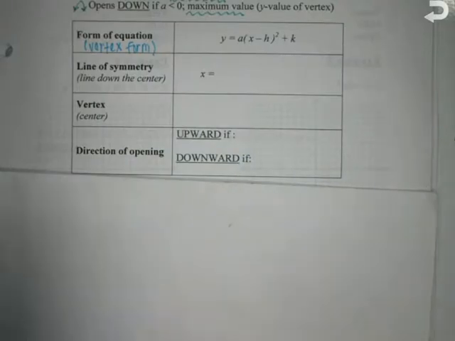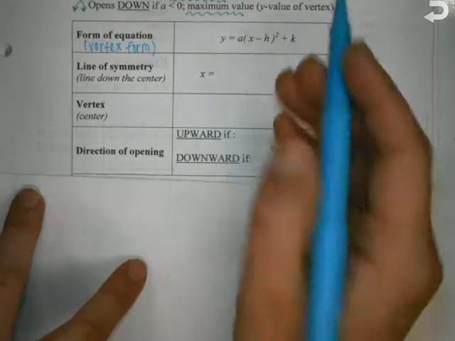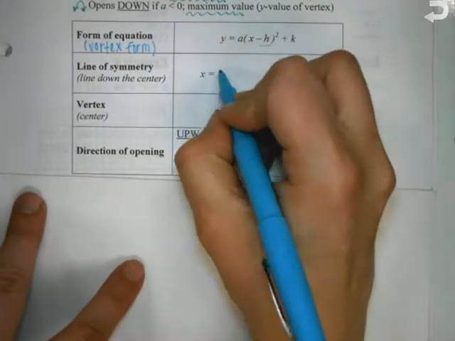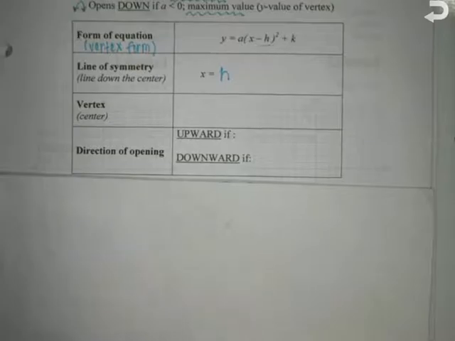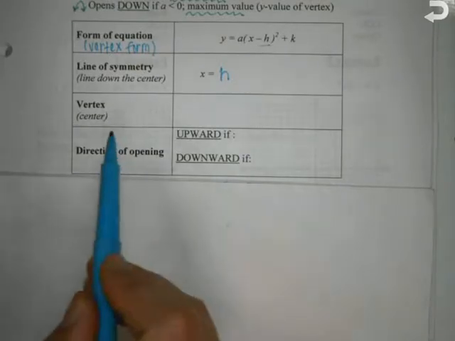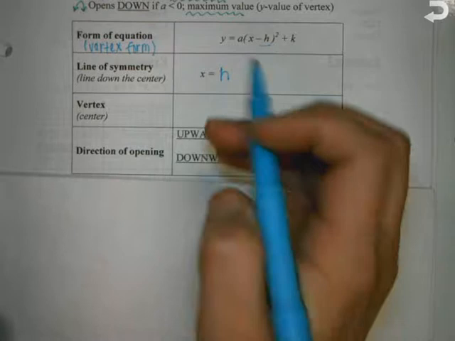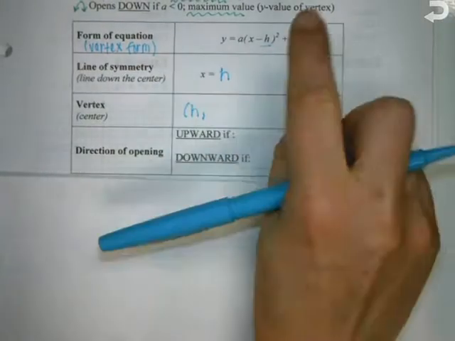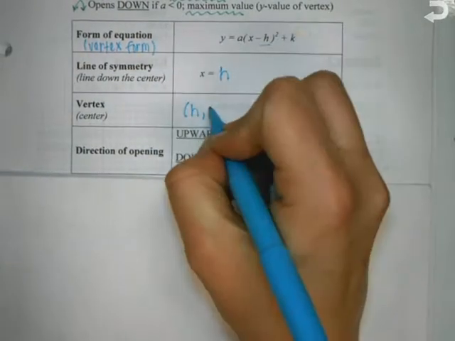The line of symmetry is x equals, the x-coordinate is that h right there. So x is equal to h, or the opposite of h, right? The vertex, the center, your x-coordinate is h, which means your y-coordinate is k.